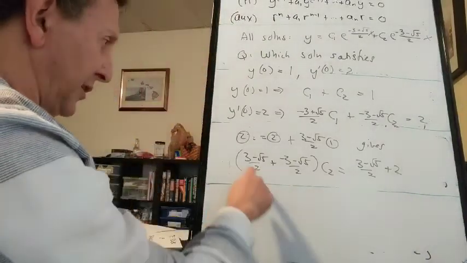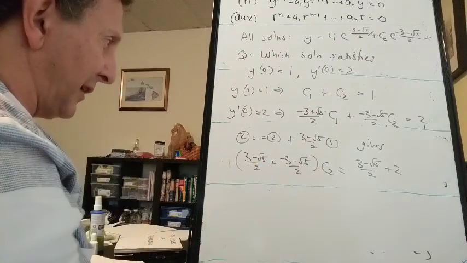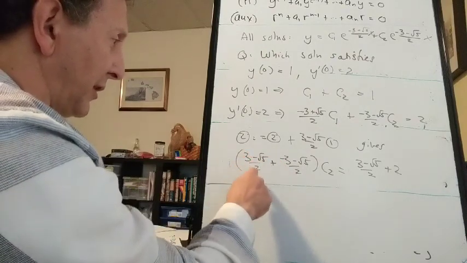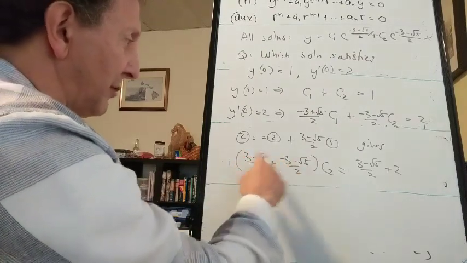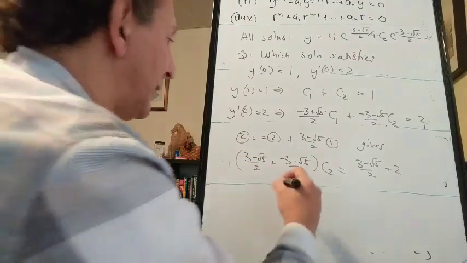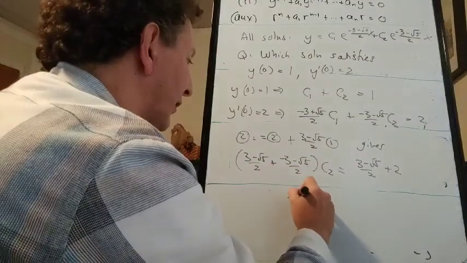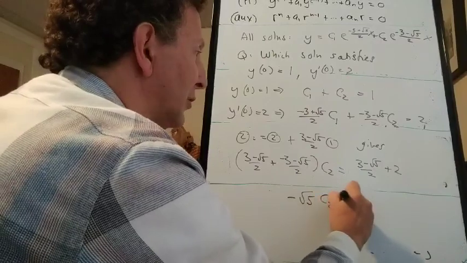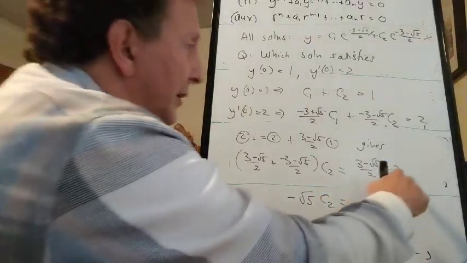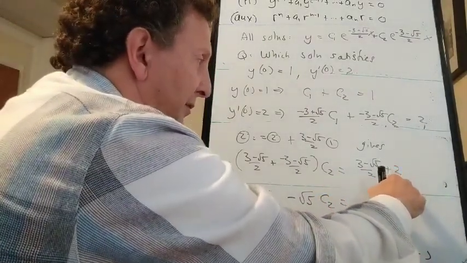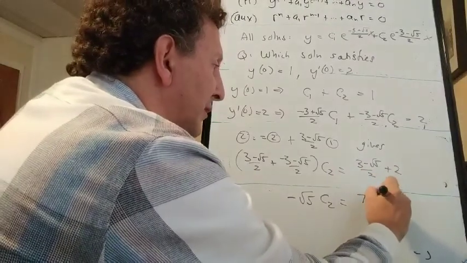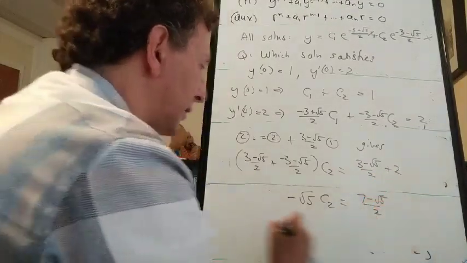So what happens over here? 3/2 and minus 3/2 cancel each other out. Minus root 5 over 2 minus root 5 over 2 is minus root 5. So all that's left is minus root 5 c2 equals 2 plus 3/2, which is 7 minus root 5 over 2.